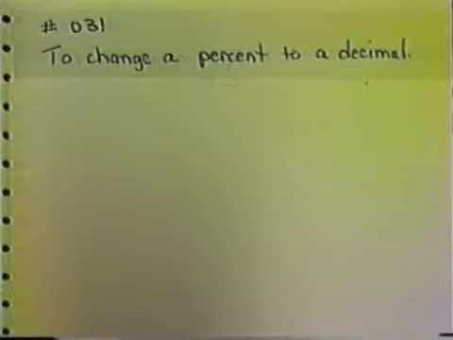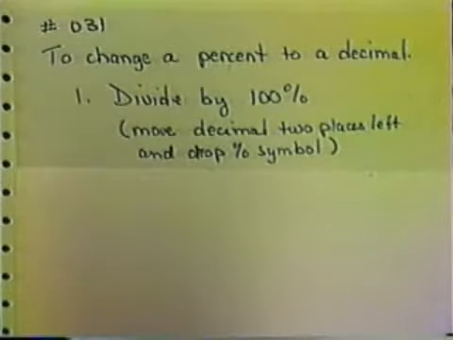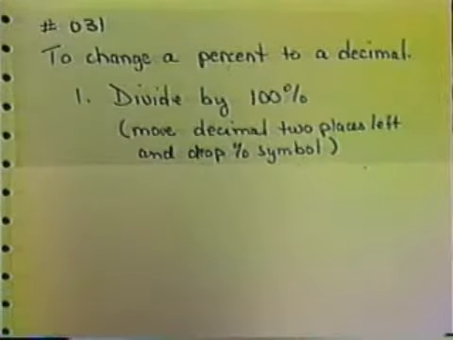Okay, now as I suggested before, we're going to need to be able to work with percents by changing them into decimals and fractions. We're going to work with the decimal first. So we want to be able to change a percent to a decimal. In order to do that, we want to divide by 100%.